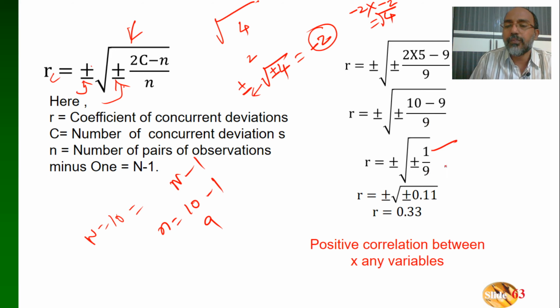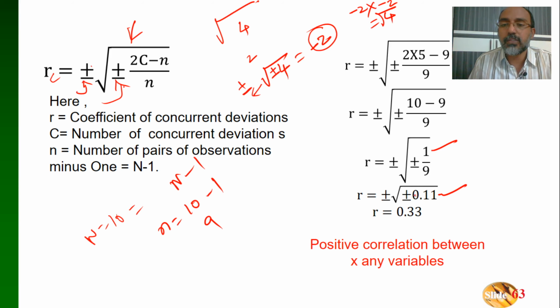So 1 by 9. What is 1 by 9? By simplifying, you will get 0.11 by calculator. It is 0.1111 going on, but I have taken only two values. Since it is a plus value, there is no problem. 10 minus 9 is equal to plus 1, a plus value, hence 1 by 9, so plus 0.11.